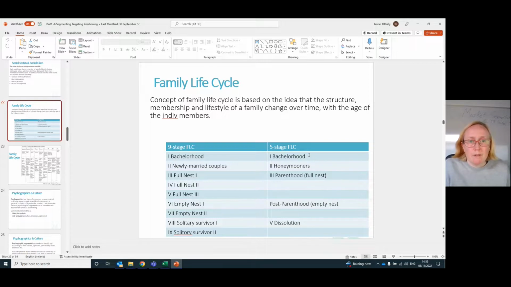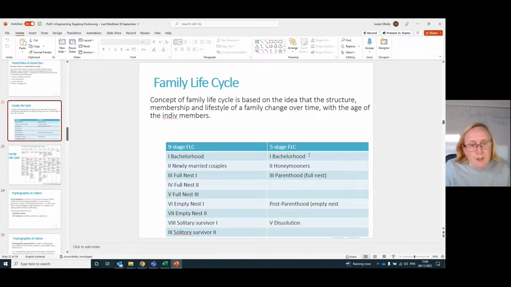So if the couple end up having children, then at the start of that, on the 5-stage system, it's just called parenthood, full nest, when all the kids are there, until the last child has left home.